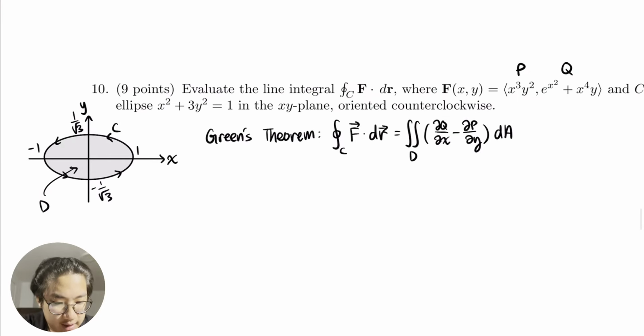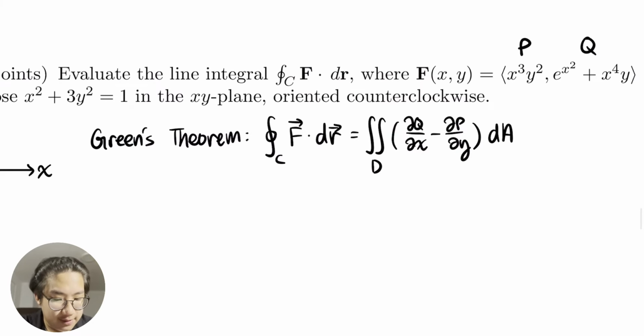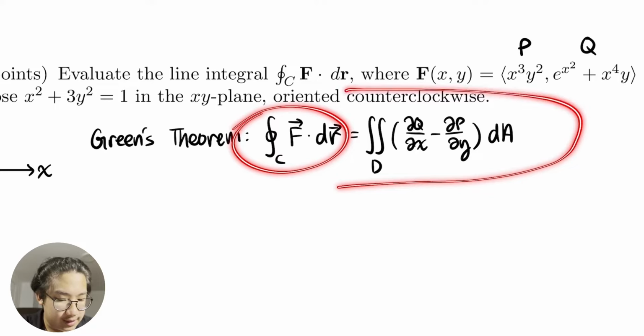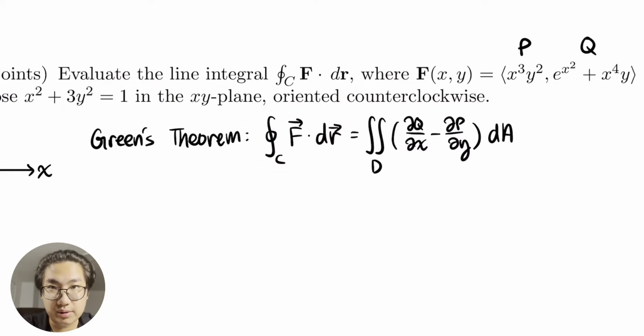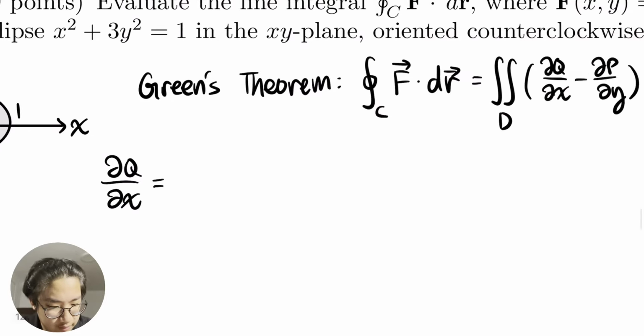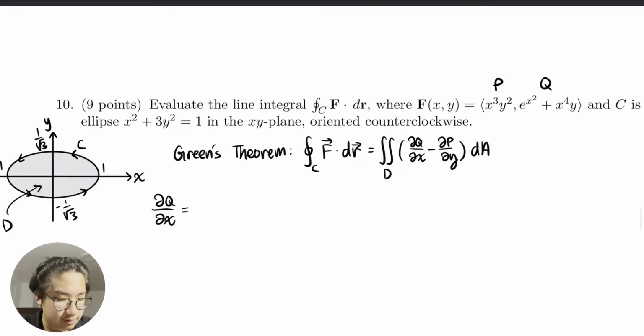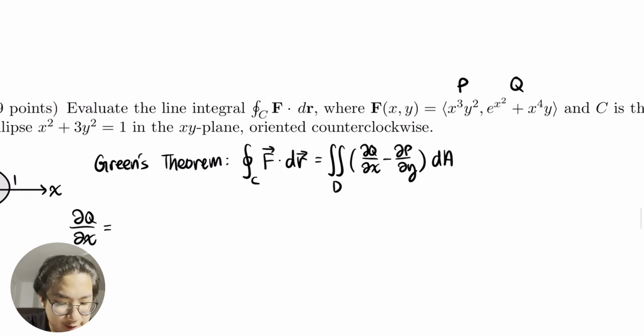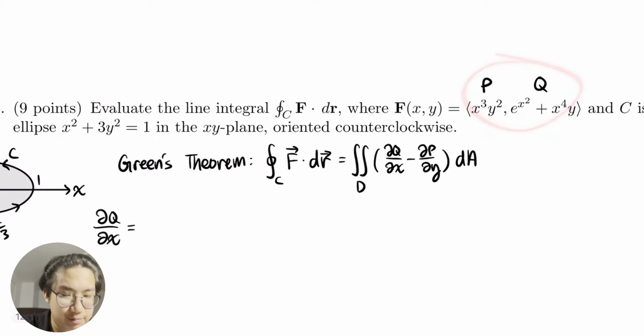Okay. So if we take a look at this, obviously our goal is to compute this, but Green's theorem allows us to compute an easier double integral instead of computing this directly. Excuse me. So let's compute that. Partial Q partial x. I suppose it does matter the order you label them in, but intuitively, alphabetical order, so just PQ.